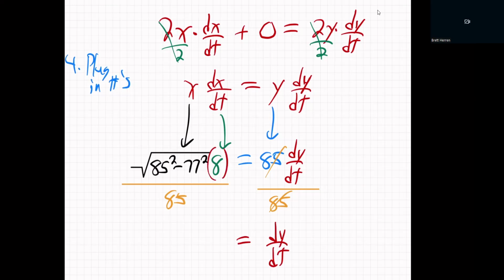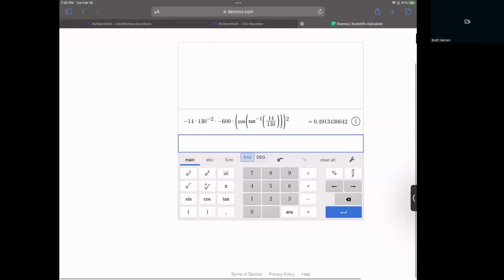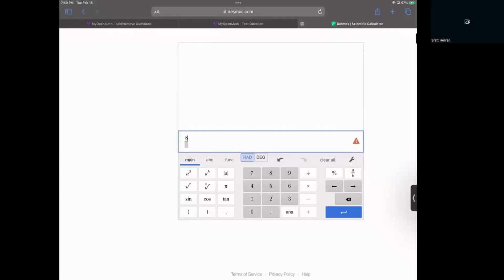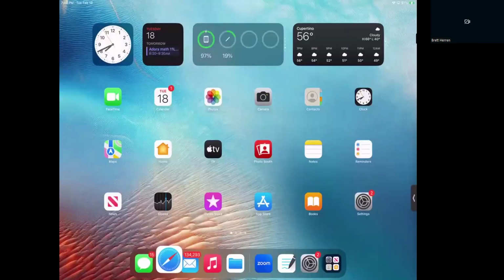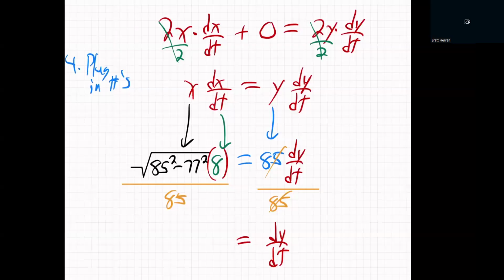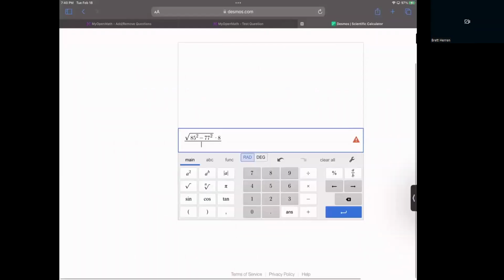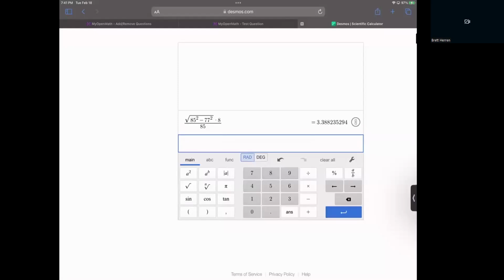So 8 times the square root of 85 squared minus 77 squared, over 85. It was 85, 77, 8, over 85. Boom, there we go.